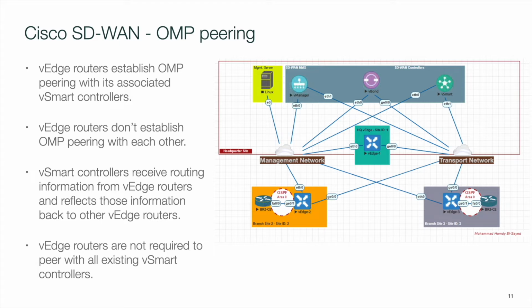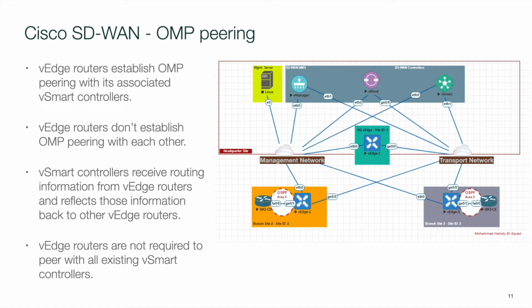vEdge routers receive the list of the vSmart controllers from the vBond. Once the vEdge routers receive the list of the vSmart controllers, they start by establishing OMP peering with the vSmart controllers. vEdge routers don't establish OMP peering with each other.